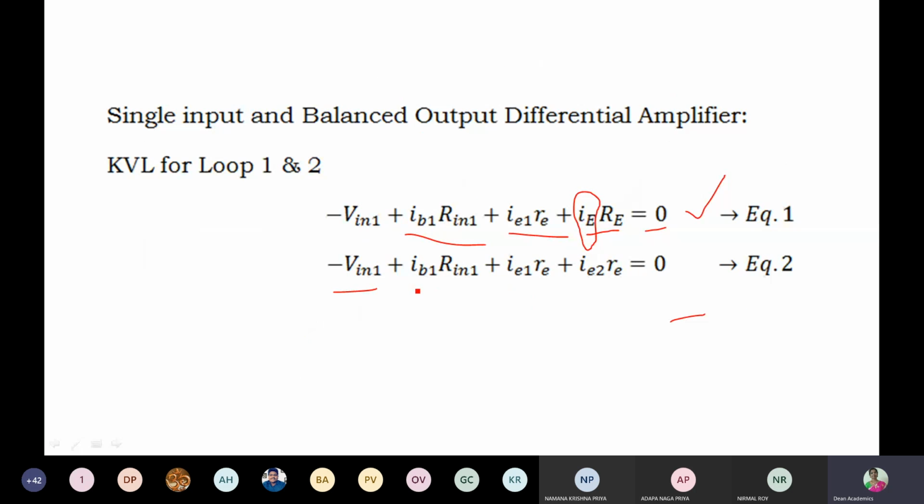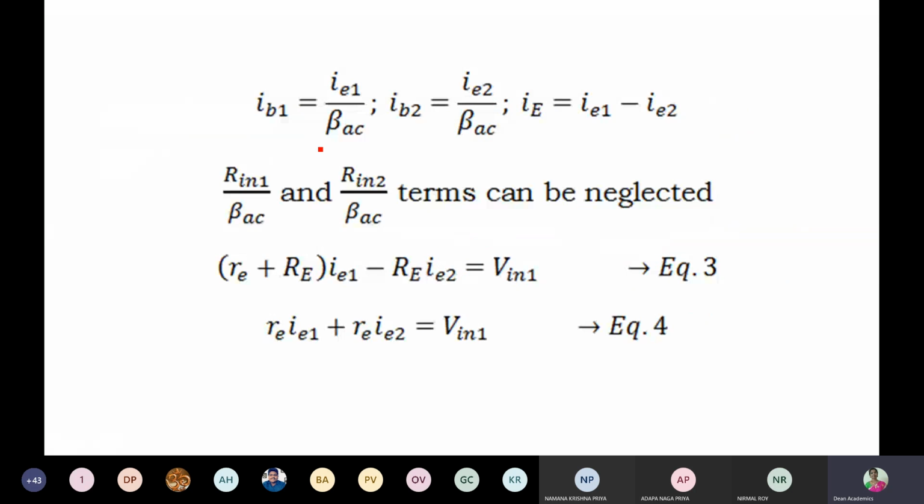Then after writing these basic equations, wherever we have IB1, we replace it with IE1 by beta AC. This is the usual procedure we have carried out for the dual input balanced output and dual input unbalanced output differential amplifier.